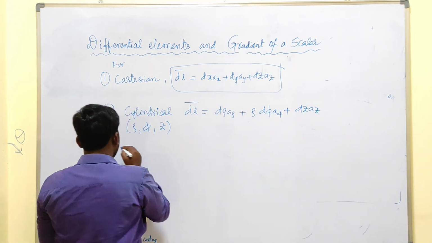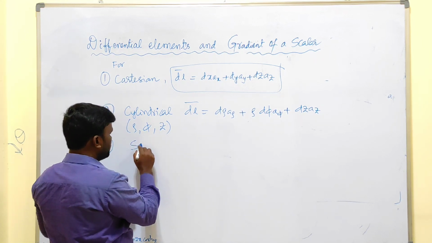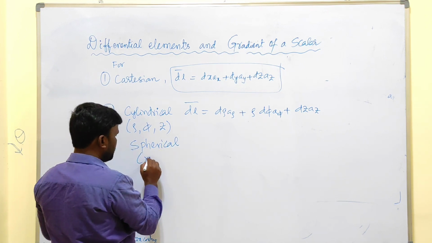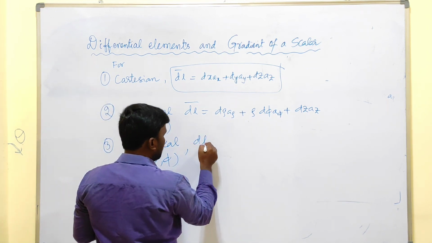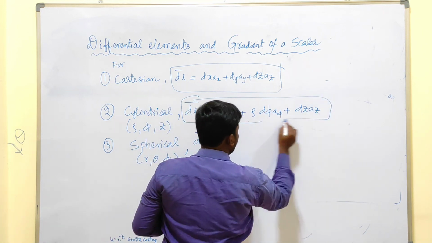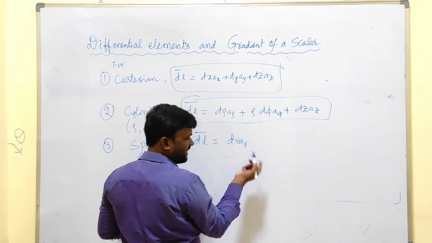Coming to the spherical coordinate system, we have the elements r, theta, phi. For the spherical coordinate system, dl bar is equal to what? First one is r: dr ar, because it is not an angle.